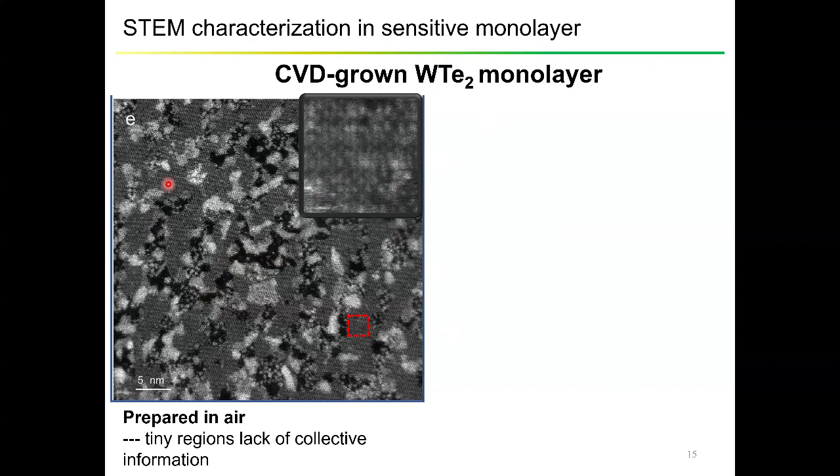Okay, but you can claim that you can still see a little piece of the region that shows lattice, right? You can see the lattice here. However, this is not a good result from a TEM person's perspective, because we know the material is degrading, and this is not collective large-scale information of the material. So this is prepared in air.